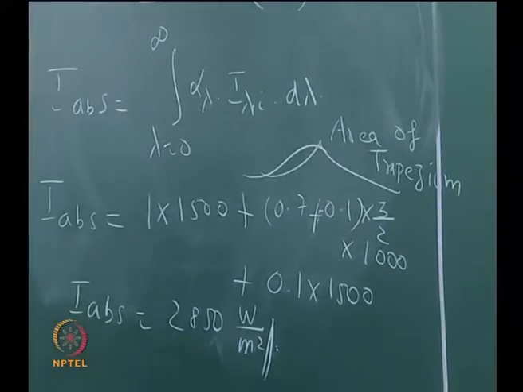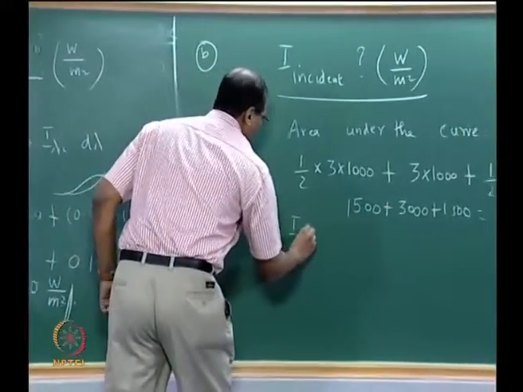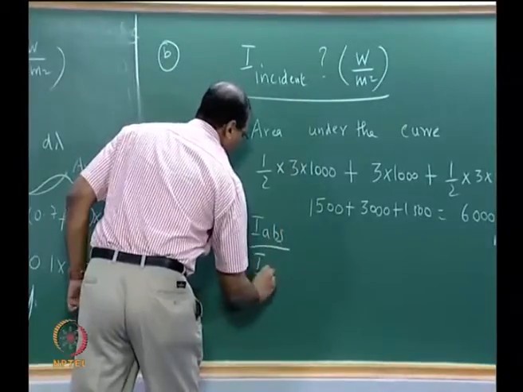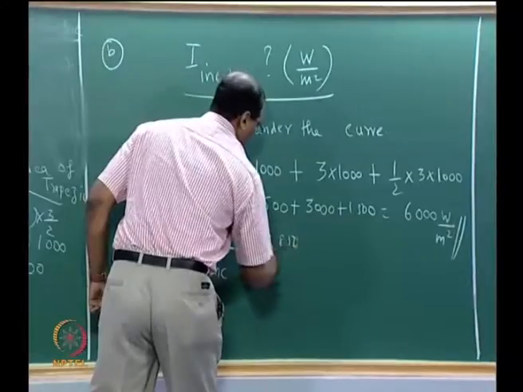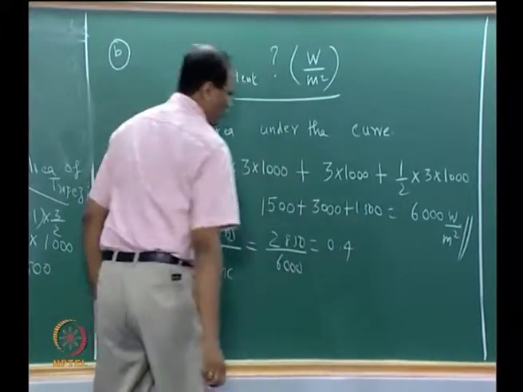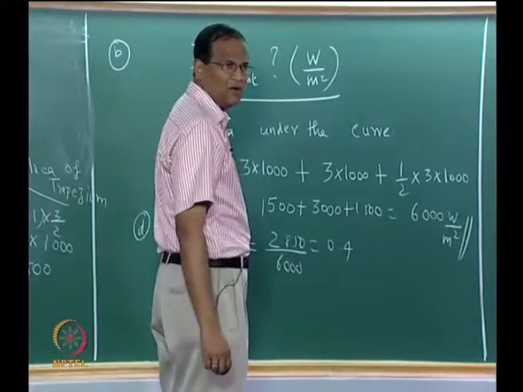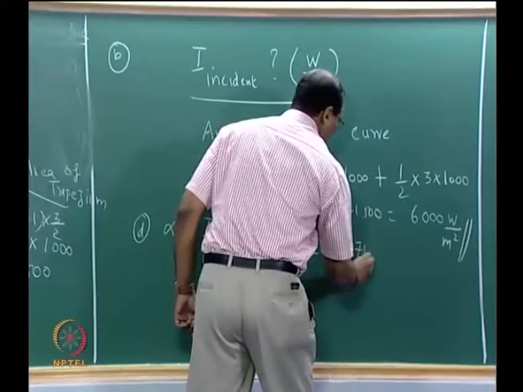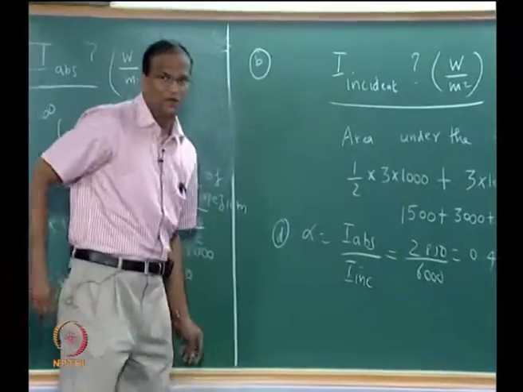So we are getting some decent value, 0.4 something, okay, fine. D, point 475, okay, around 0.48.